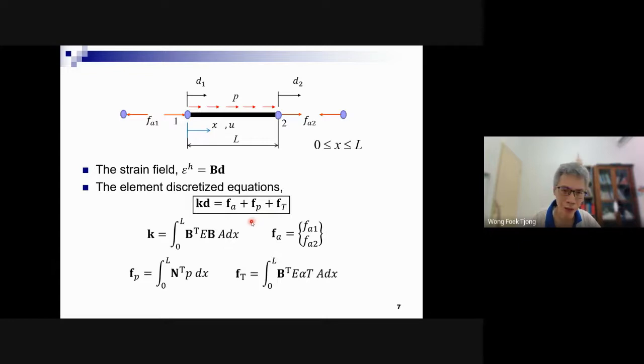What's unknown here? Can you give me an answer? What's unknown in these equations? What do we know already, and which one is unknown? If we have a problem of bar and then we divide into several elements, what's unknown? Okay, I'm waiting for your answer.